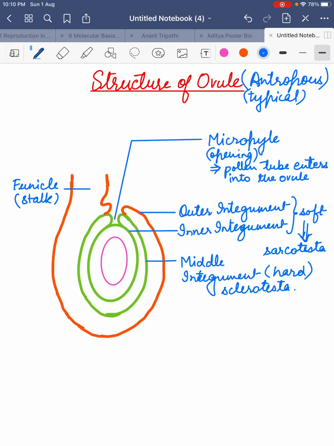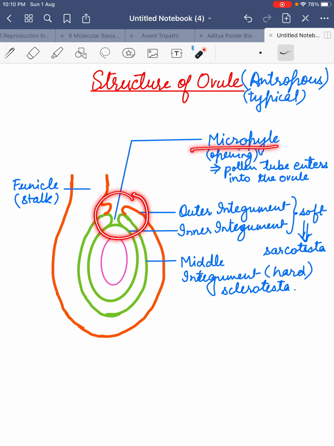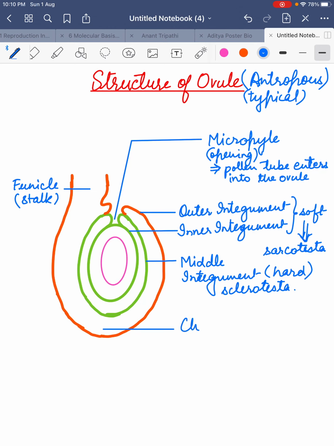Now, here we see that at one end there is micropyle. This is micropyle, and just opposite to this end, there is chalazal end. So, the chalazal end is found opposite to the micropylar end.